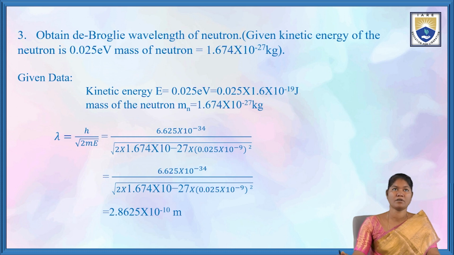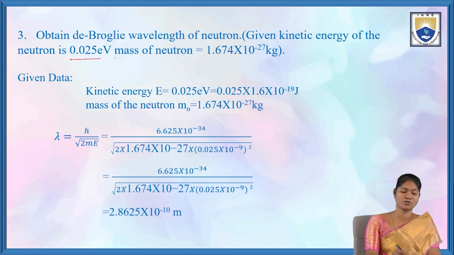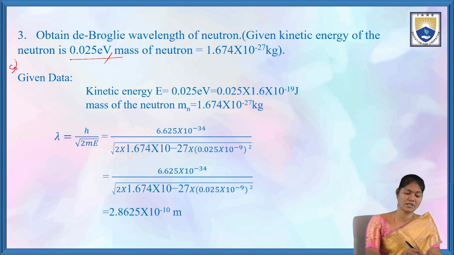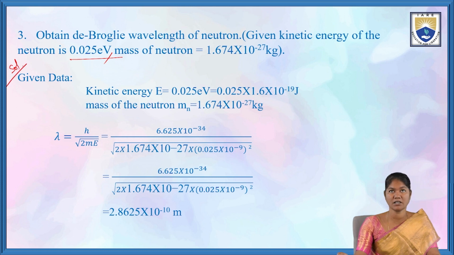So third one: obtain the de Broglie wavelength of a neutron given that the kinetic energy of the neutron is 0.025 electron volts. Mass of the neutron is 1.674 into 10 power minus 27 kilogram. So the data given is kinetic energy and the mass of the neutron.